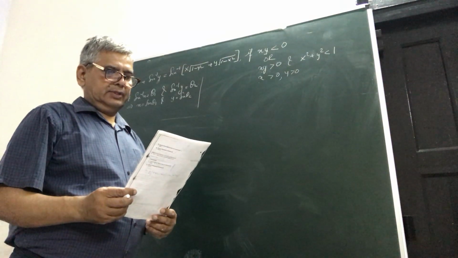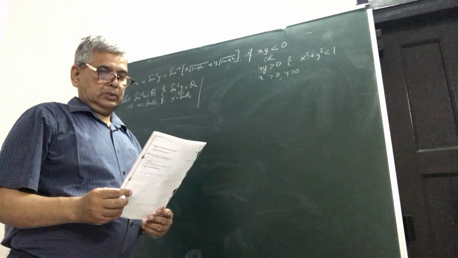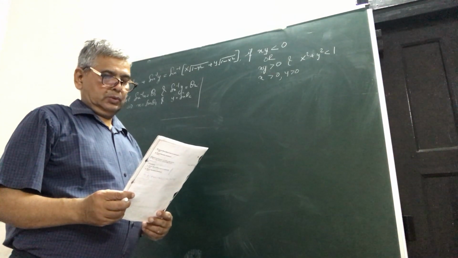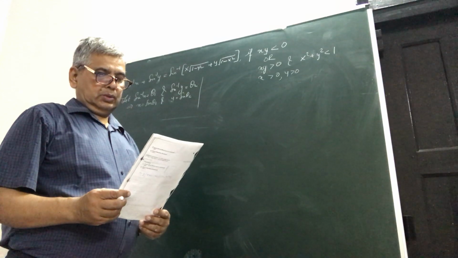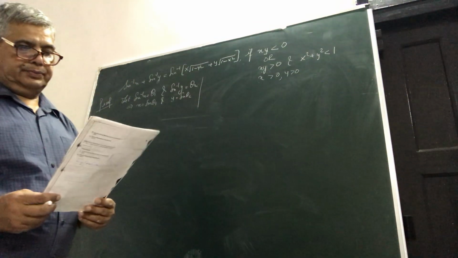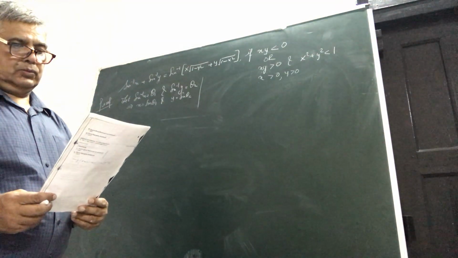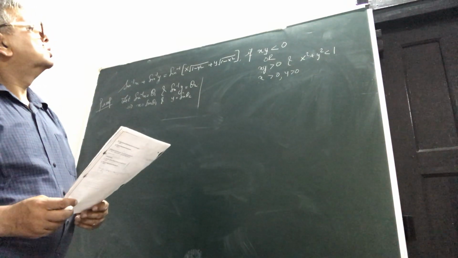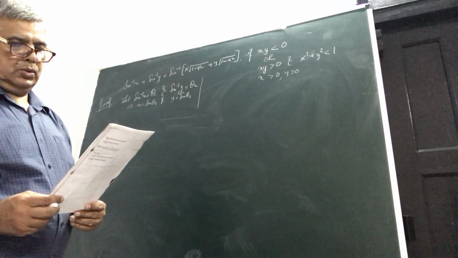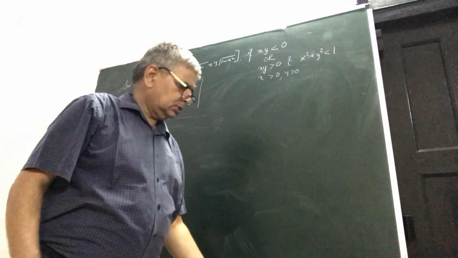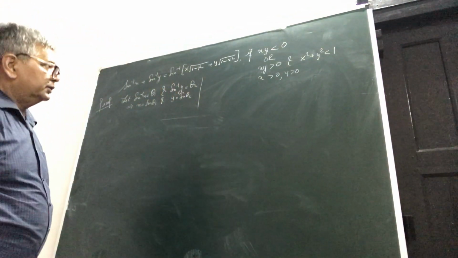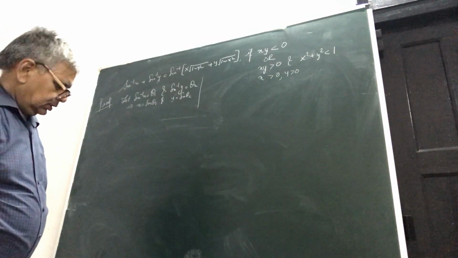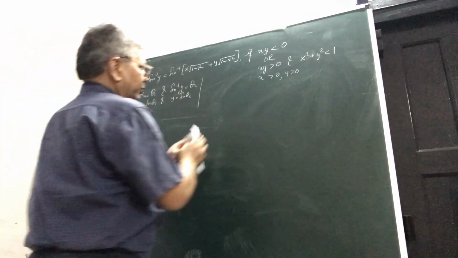Xy is greater than 0 and x square plus y square is less than 1. Now it is for both the cases.